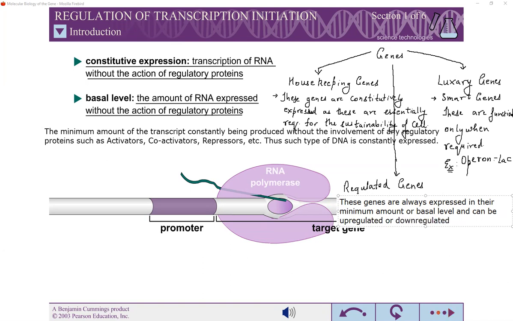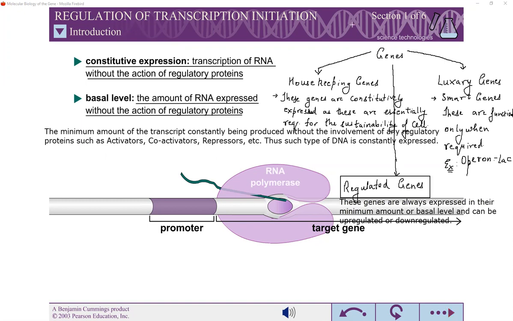So these genes can be upregulated or their downregulation is also present. Such type of regulation takes place in the case of regulated genes, and such type of genes are called regulated genes.